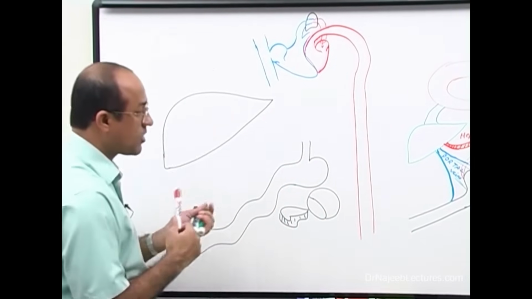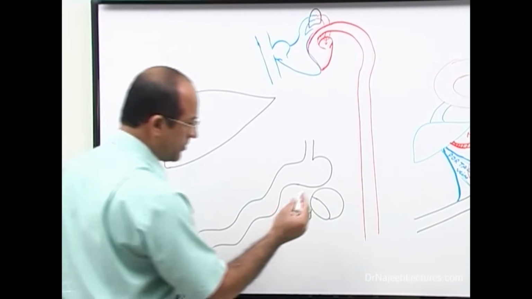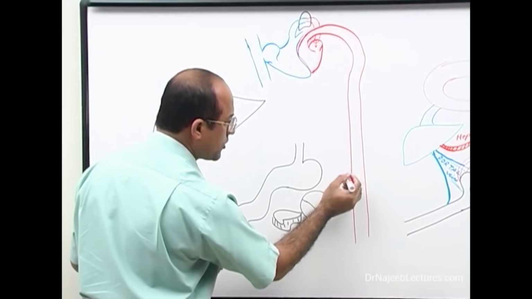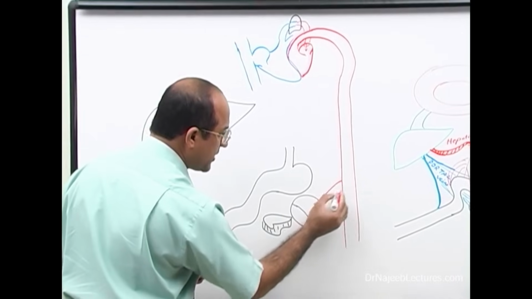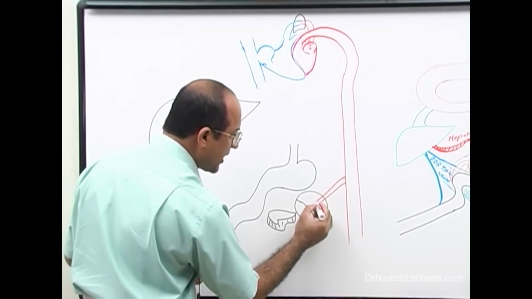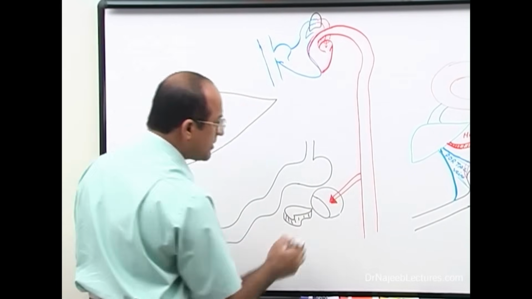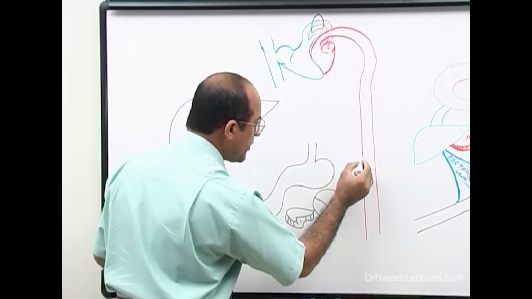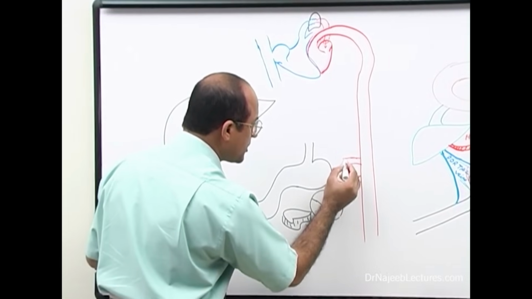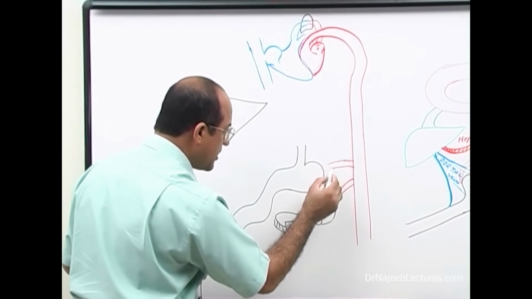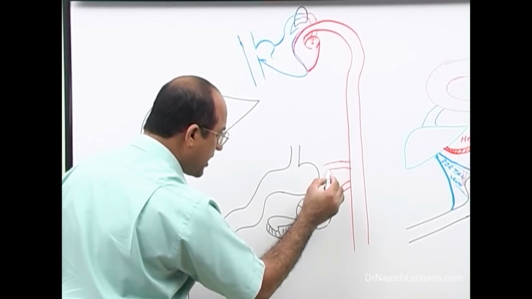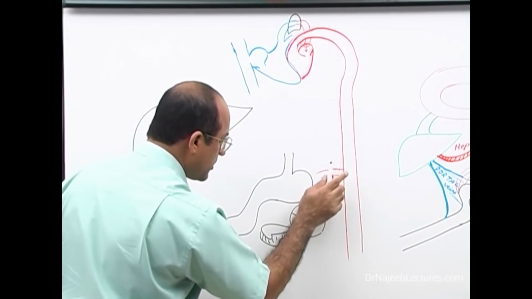Now, there are arteries which are bringing blood to these organs. For example, to the spleen, blood is coming from, yes, the splenic artery. Is that right? Then there are mesenteric arteries, superior mesenteric arteries, gastric arteries, and there are arteries which are taking blood to the stomach.